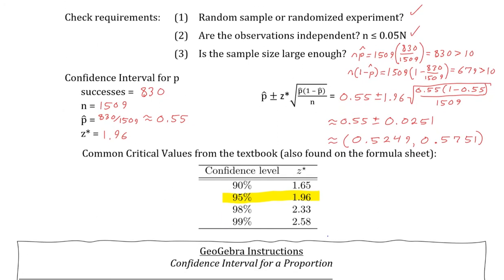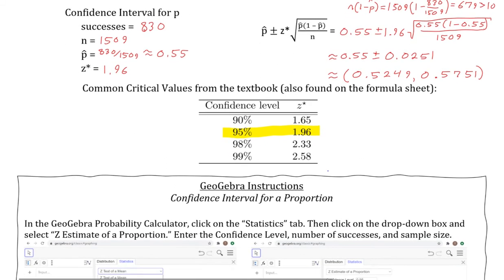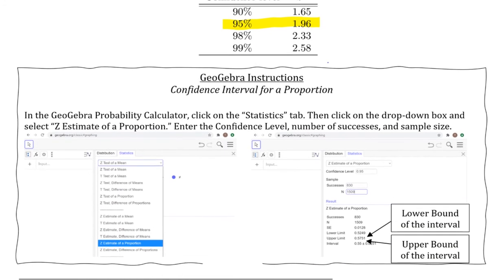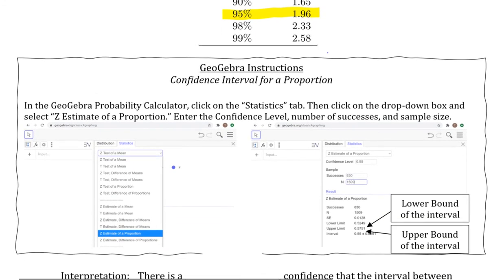You can also calculate this same confidence interval by using Geogebra. If we go to the Geogebra probability calculator, we will select the Statistics tab, and then click on the drop-down box to select z-estimate of a proportion. Let's go to Geogebra to demonstrate how to do that.